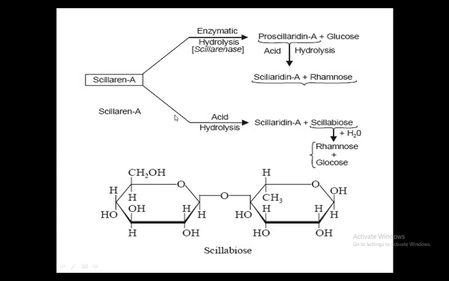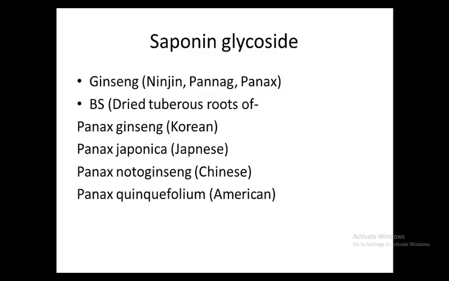Scillaren A on acid hydrolysis gives scillaridin A, the aglycone, and scillabiose as the glycone part, which again converts to two different sugars, rhamnose and glucose, the constituents of scillabiose. So here we have studied some important points regarding the steroidal glycosides.